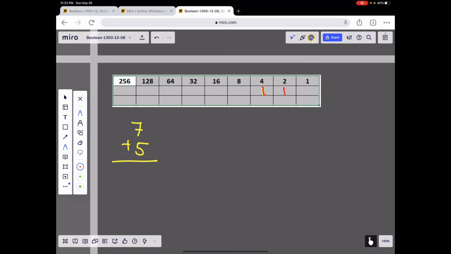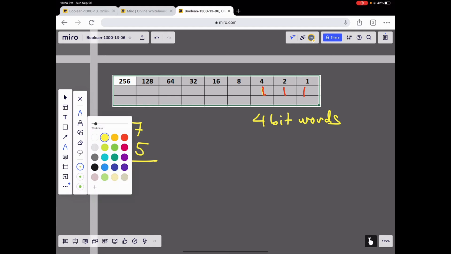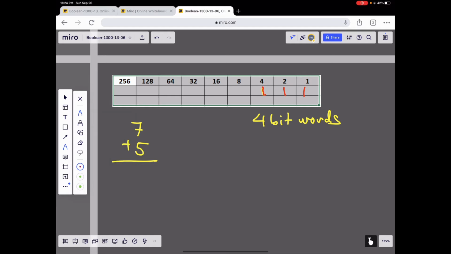And you want to use 4-bit words, so you have to add one more 0 over here.